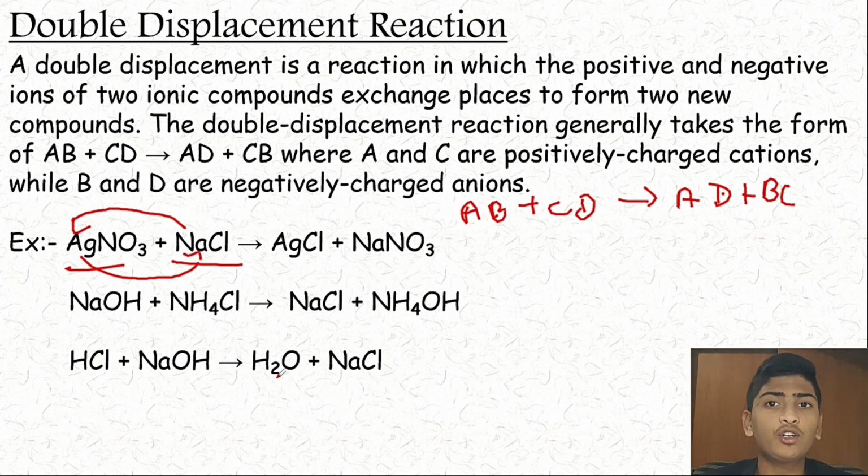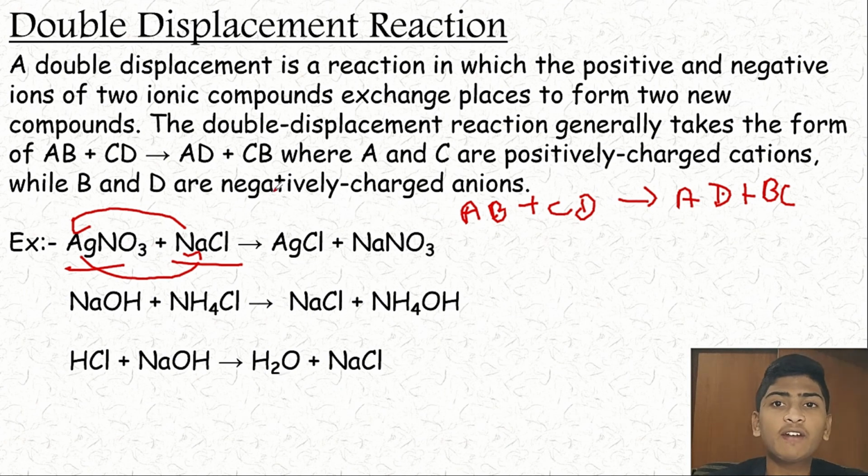Next, a small related topic is the neutralization reaction. When an acid and a base react to form salt and water, it is known as a neutralization reaction. You can note it down: a neutralization reaction is a reaction where acid and base react to form salt and water.